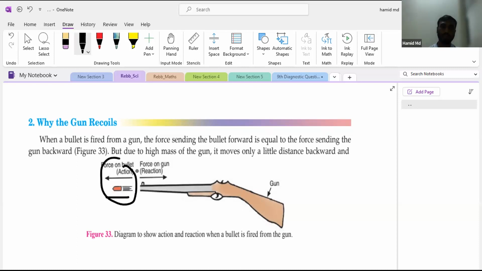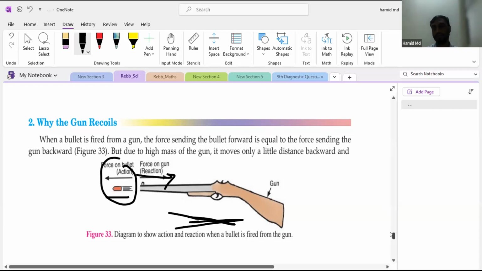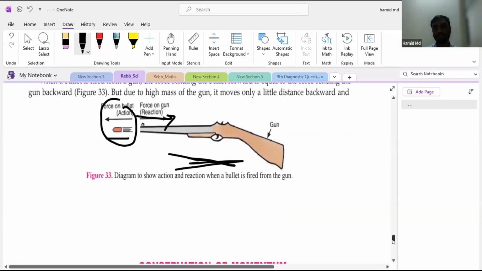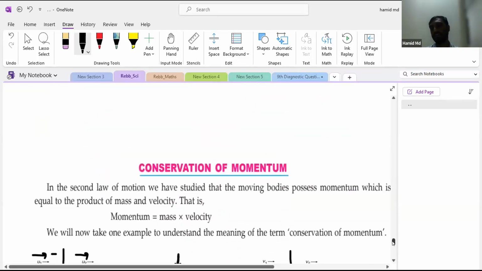This force also acts on the gun, but the gun is heavier, so the recoil is very little. Have you tried a toy gun any time? Have you experienced this force? So I think these were the introduction to Newton's third law.